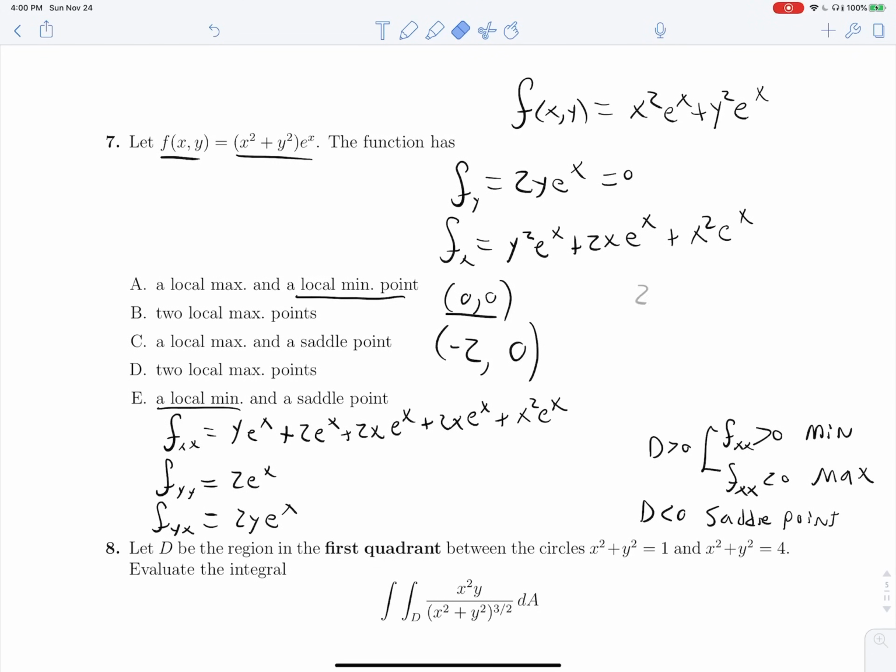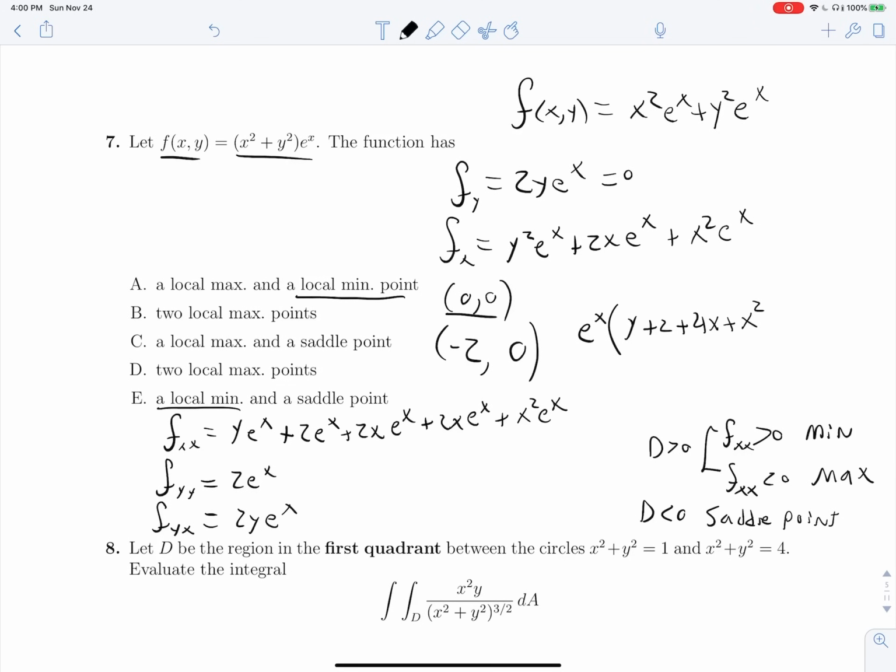So that's something to keep in mind. Now let's look at -2, 0. So looking through everything, fxx, kind of dreading going through this. This will be, well, we can pull an e to the x out of everything, and we will get y plus 2 plus 4x plus x squared.